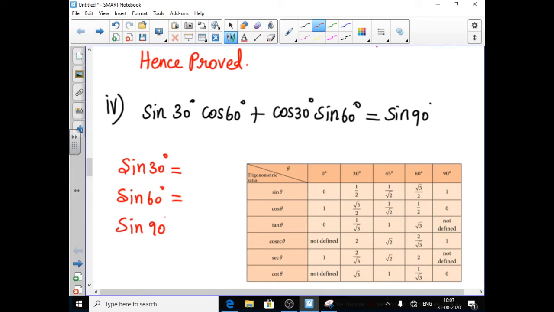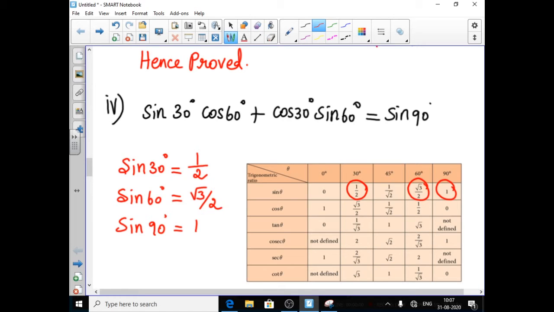See here, sine 30 degree is 1 by 2. Then sine 60 degree is equal to root 3 by 2 and sine 90 degree is equal to 1.